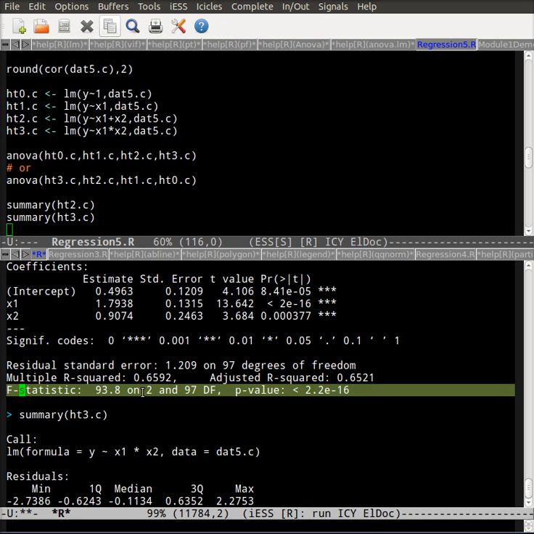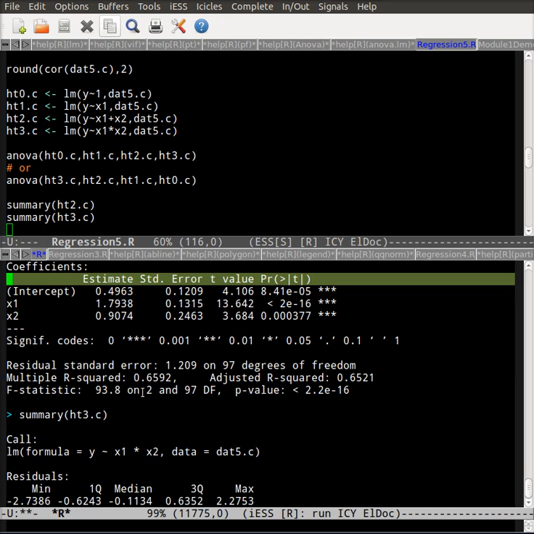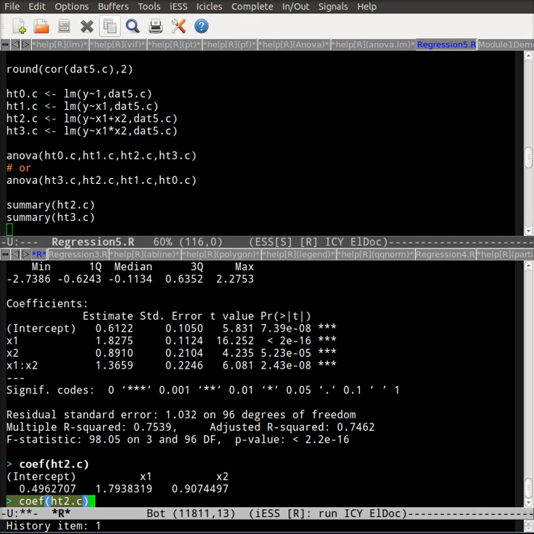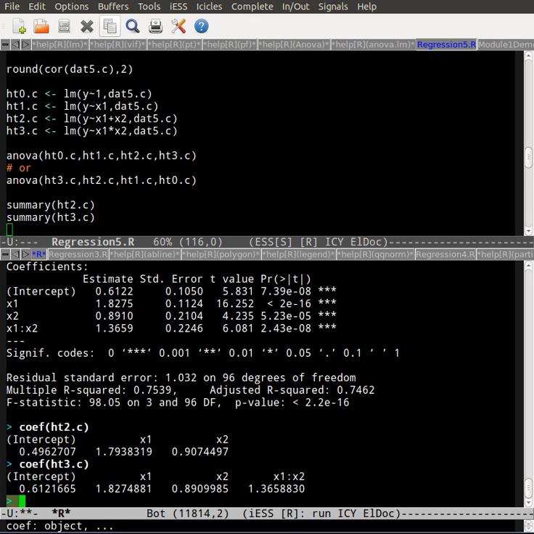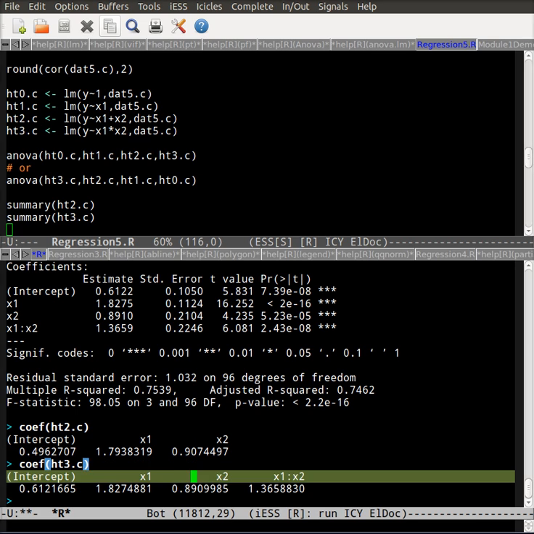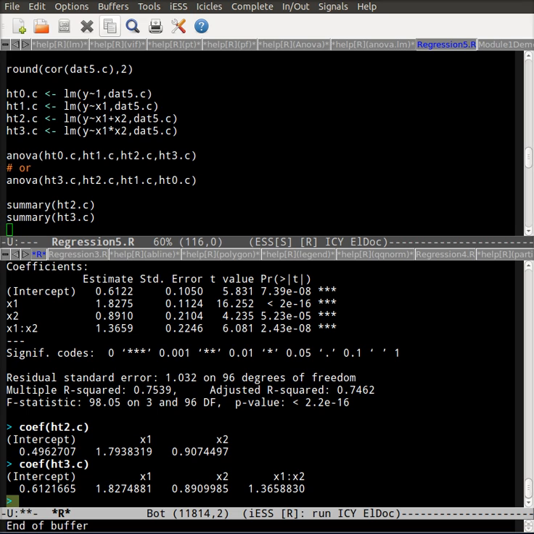And you'll also see that the coefficients don't change a whole lot, because if I do ht2.c and ht3.c, you can see that the intercepts change, but for the most part the b parameters are pretty close to one another.